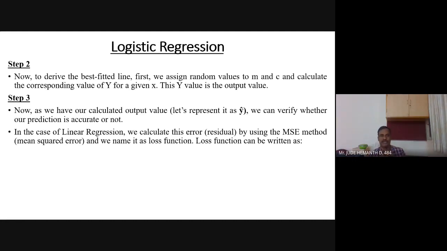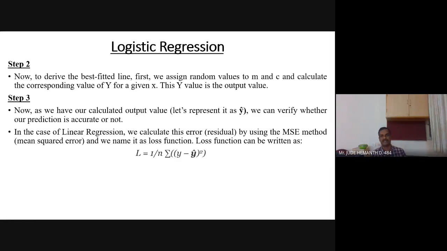Y is the original output and y cap is your estimated output based on your random selection of m and c. If this residual is huge, then we say that y cap is not exactly equivalent to y, because y cap minus y will never be equal to 0. Right? So how do we find the error? By using the mean square method, which we saw extensively in the previous classes, and we name it as the loss function.